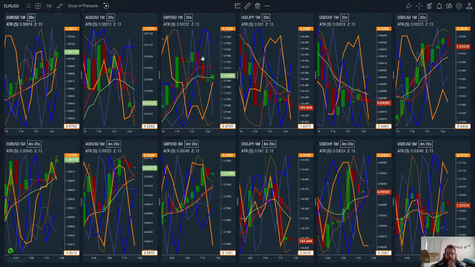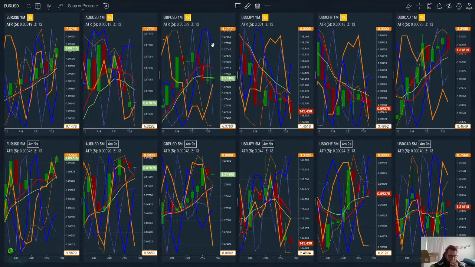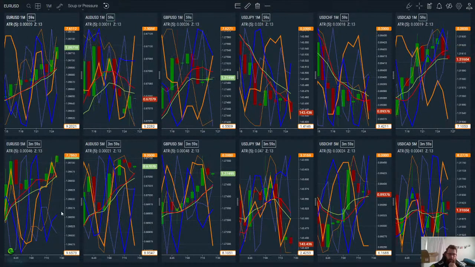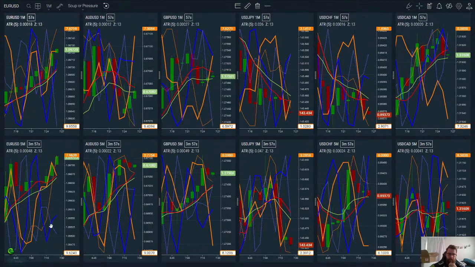And then the blues are inverse, so these point in the opposite direction of the trade, with the exception of the thick blue in some cases. So when the blues cross, that's usually an indicator of the price action going in the direction of the thick blue, but only when they cross.